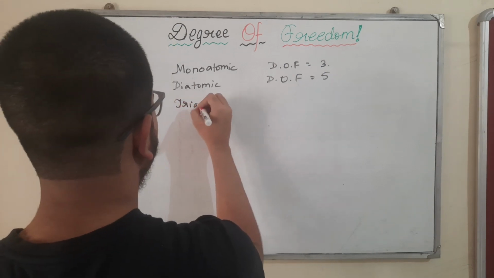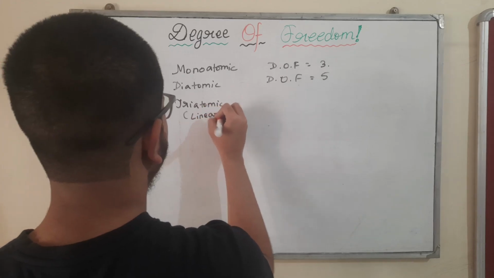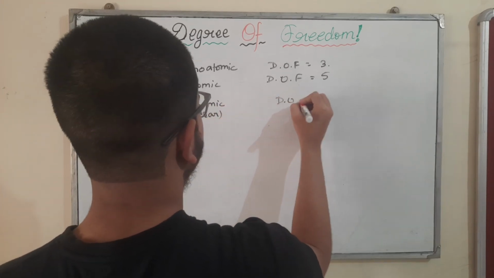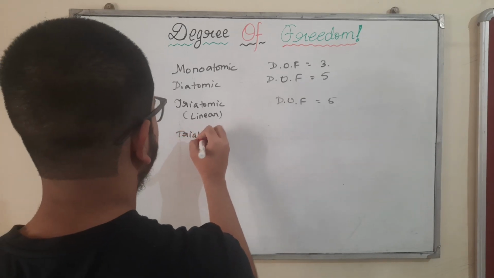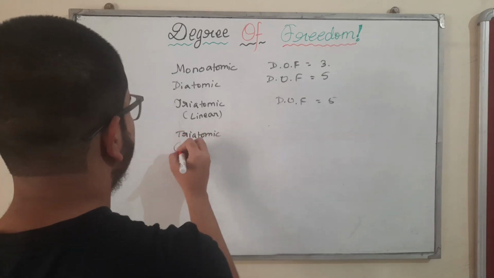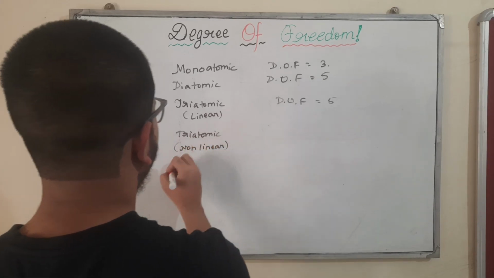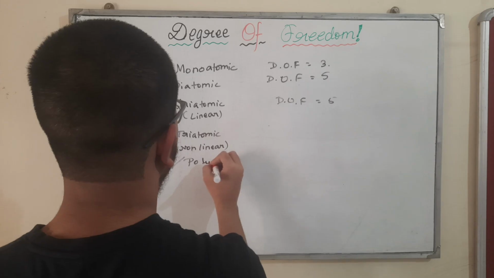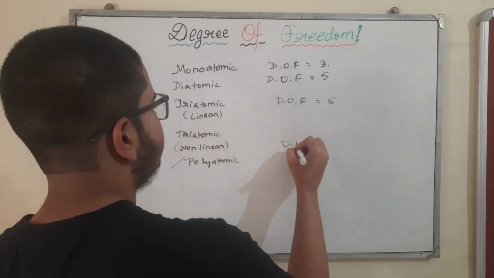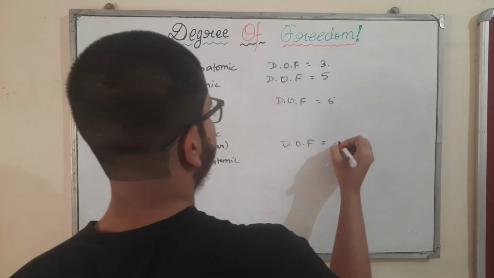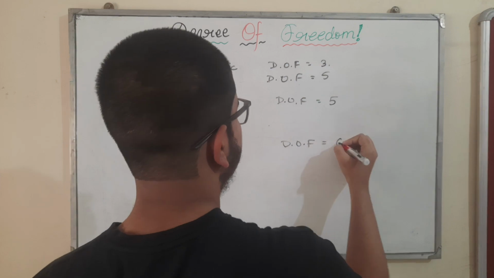Triatomic linear: DOF is equal to 5, and triatomic non-linear or polyatomic will have DOF equal to 6. Right?